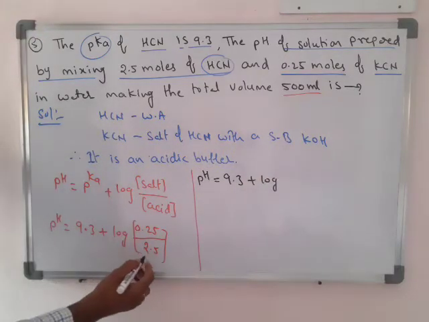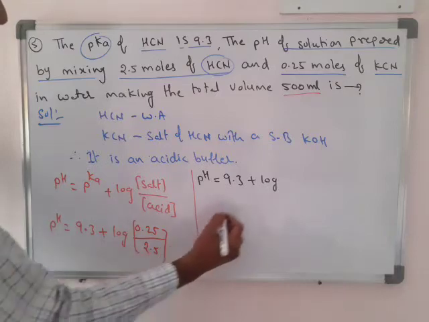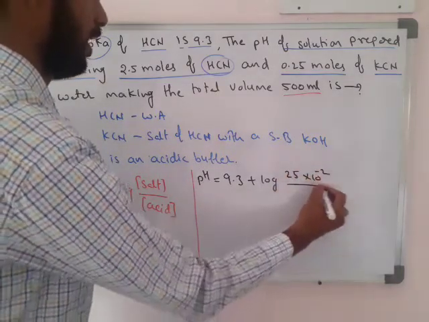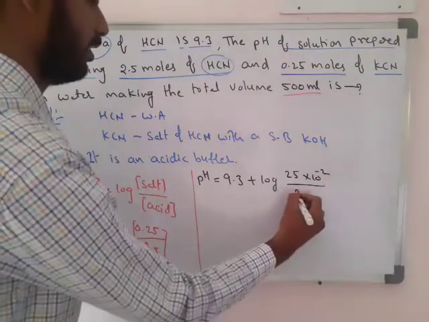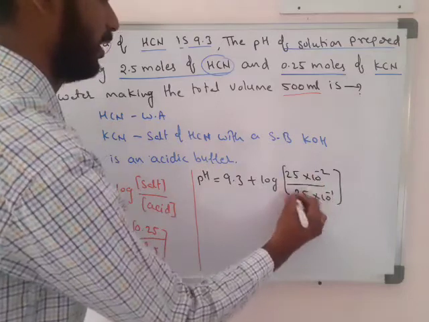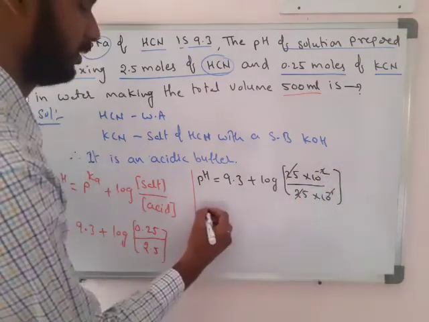On this calculation it can be written as 25 × 10⁻², and it can be written as 9 × 10⁻¹. Okay, so minus 1 will become 10⁻¹ only.